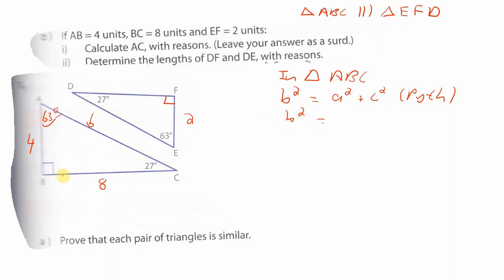We know we can replace a with 8. So we have 8 squared plus c squared. c we know we can replace with 4. So we have plus 4 squared. So therefore b squared equals 64 plus 4 times 4 is 16.